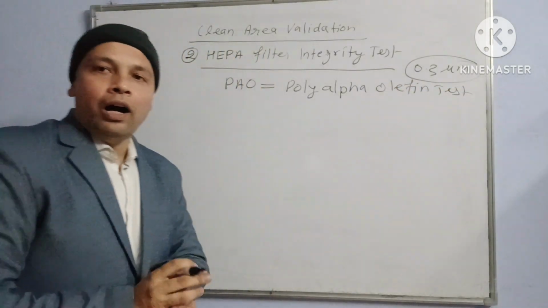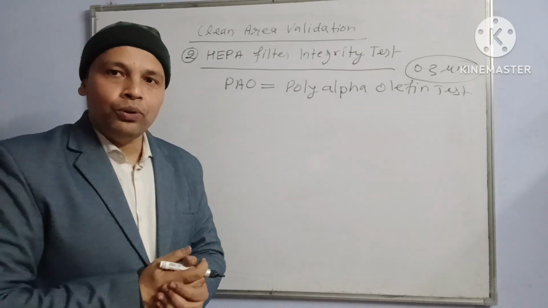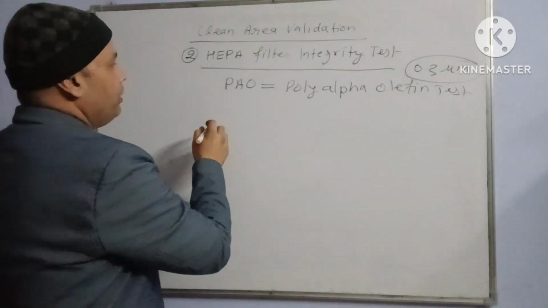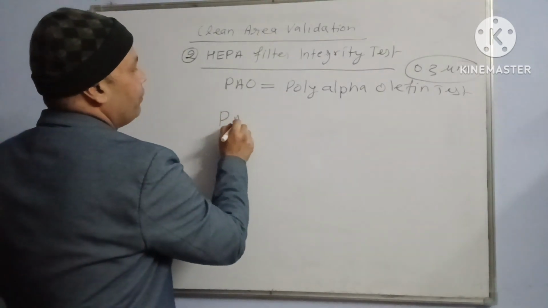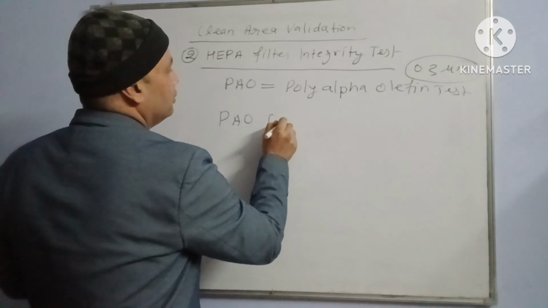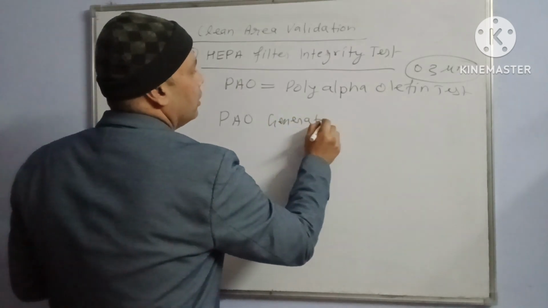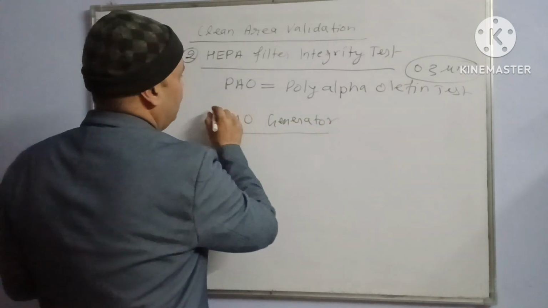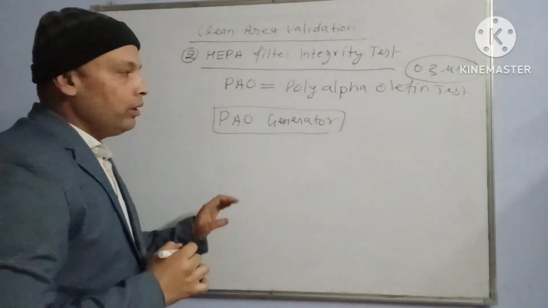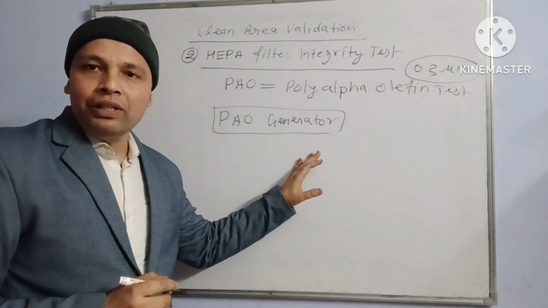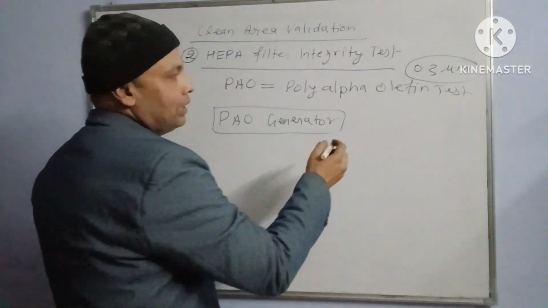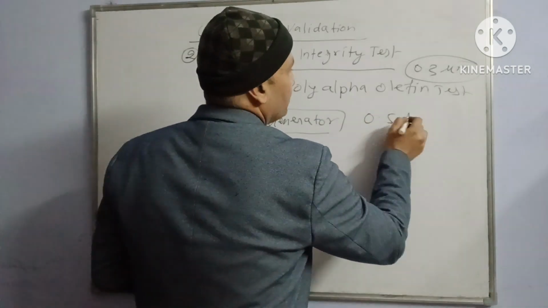How do we do this test? We have a poly alpha olefin generator that generates particles greater than 0.5 micrometer.